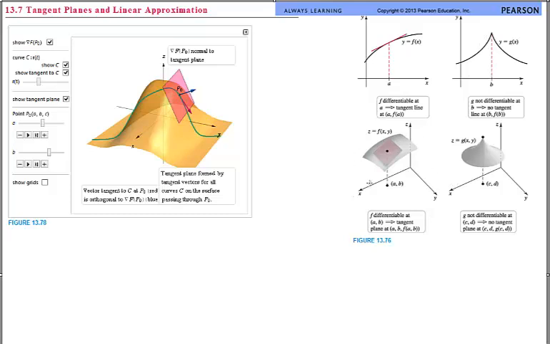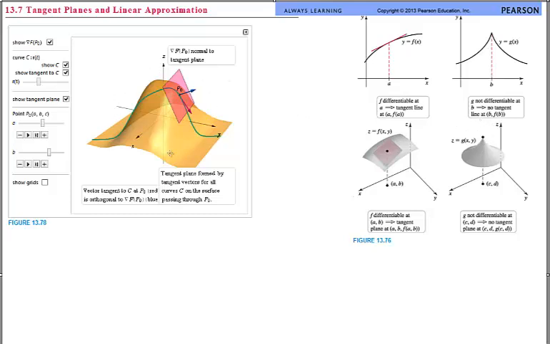We are going to extend that to three-dimensional space, and when we talk about tangent planes, we don't always have a differentiable point. Notice this right here does not have a single plane that you could say was tangent to this point. It would be any number of different planes that would fit along this point.